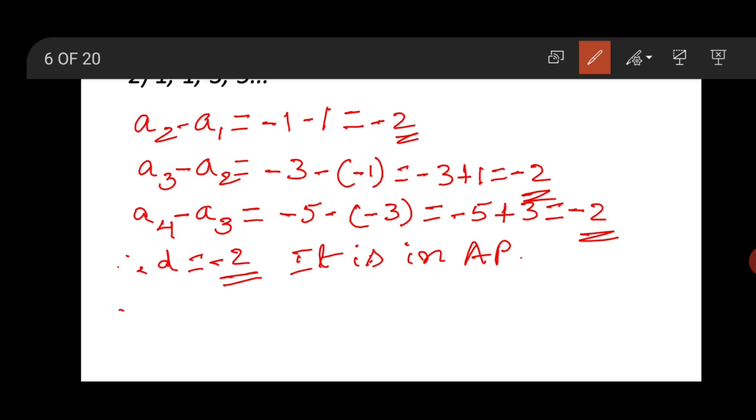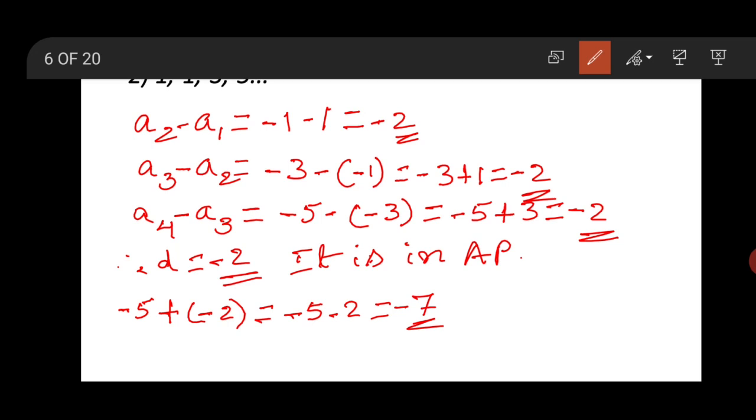Minus 5. If you add the common difference to a term, then you will get the next term. So minus 5 is the last term. Therefore add minus 2, that is the common difference D. You will get minus 5 minus 2 is equal to minus 7.